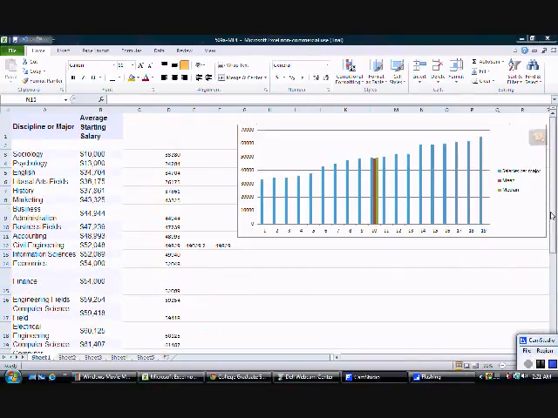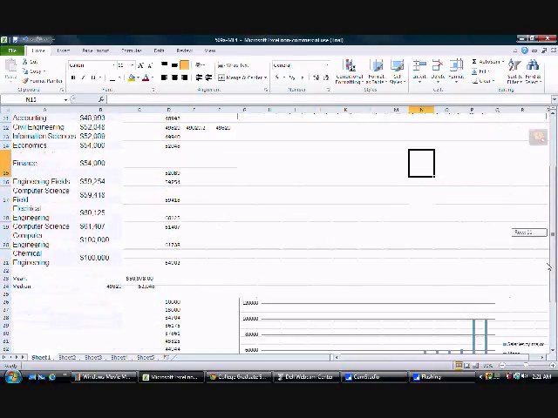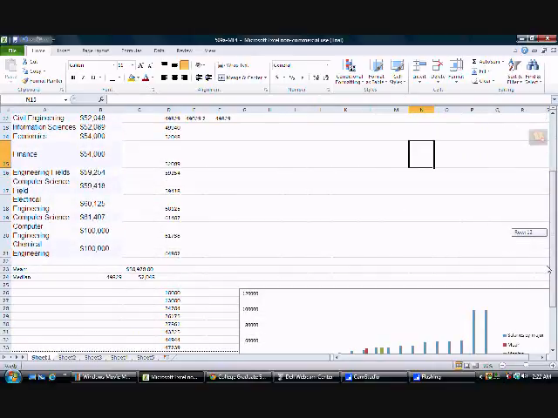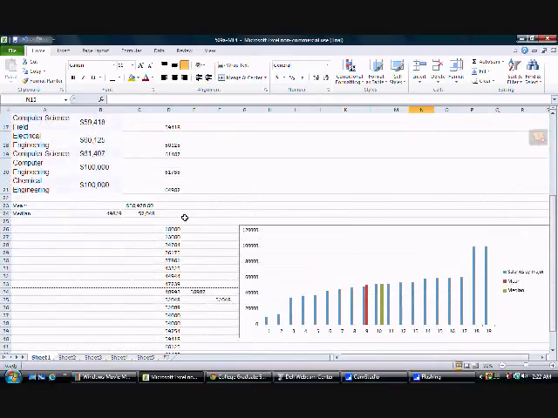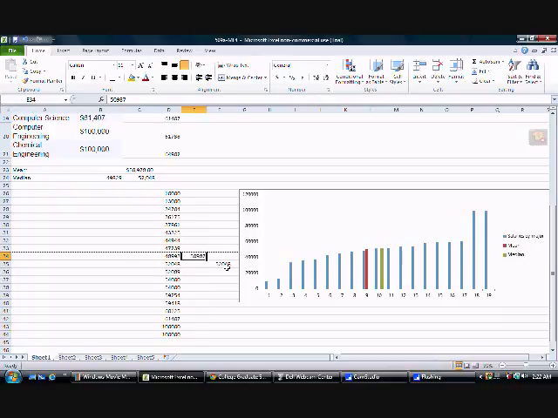Now I have altered some of the salaries, and I have made a different column down here, and because I altered the numbers, I got a different mean and a different median. And so here's what I get as I graph it.